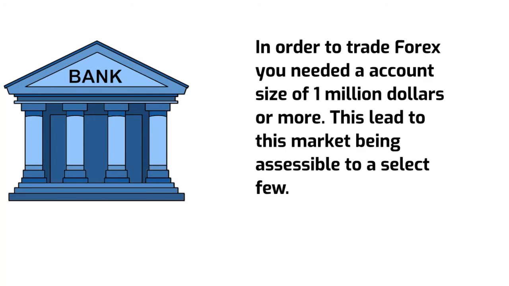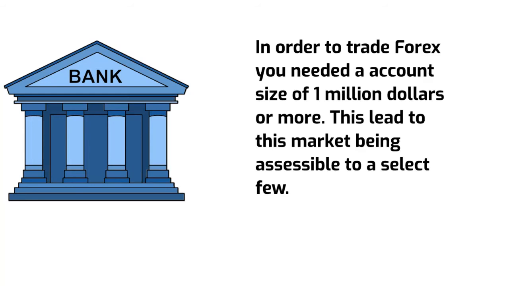With the invention of the internet, combined with computer usage, you had tons of people being able to flourish in the market. The reason is that you had various smaller brokerages offering leverage margin accounts for people to trade Forex.